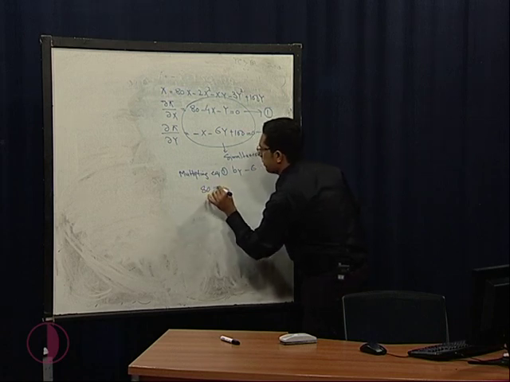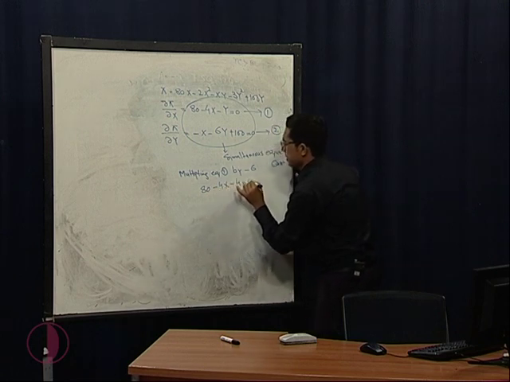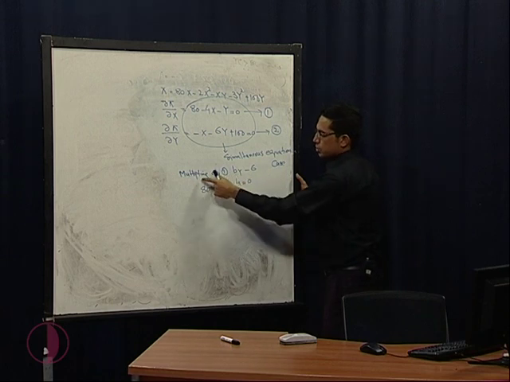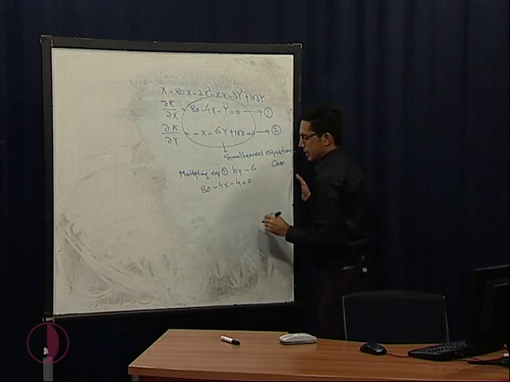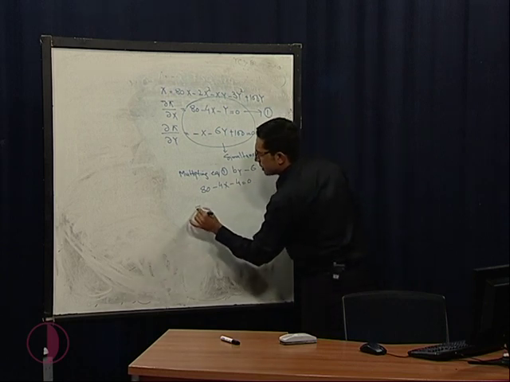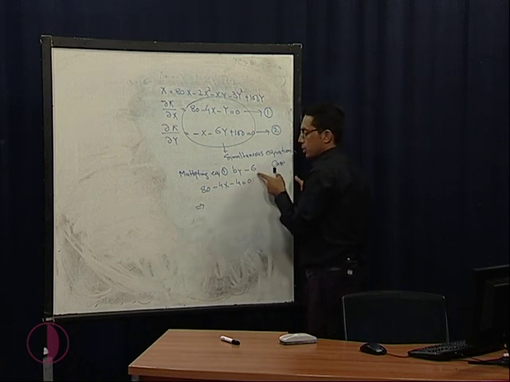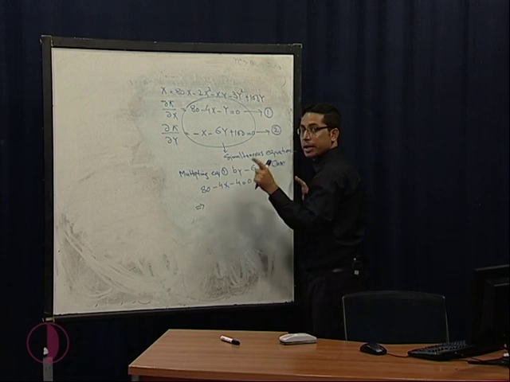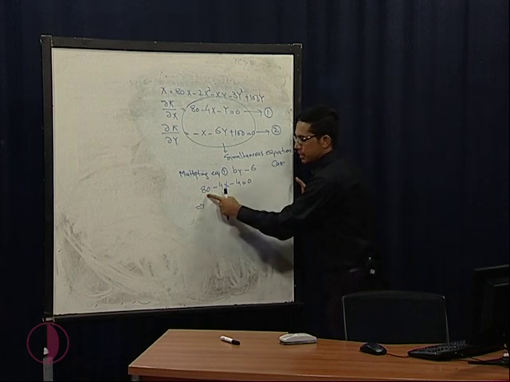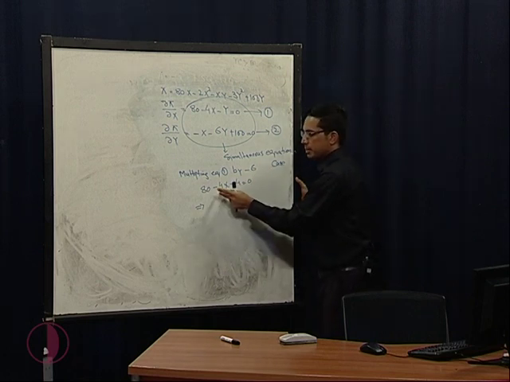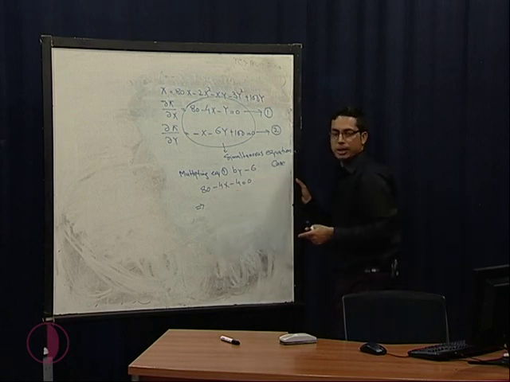80 minus 4x minus y is equal to 0. This is equation 1. So we are now going to multiply this equation by minus 6. Minus 6 will be multiplied with each term of this equation. So minus 6 multiplied by 80, minus 6 multiplied by minus 4x, minus 6 multiplied by minus y, and 0 multiplied by minus 6.